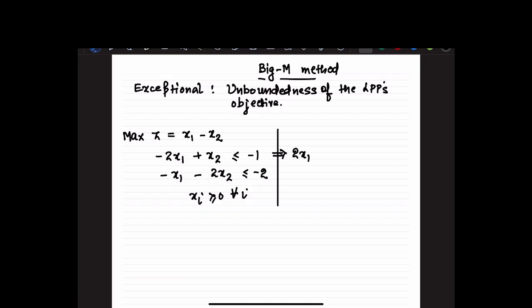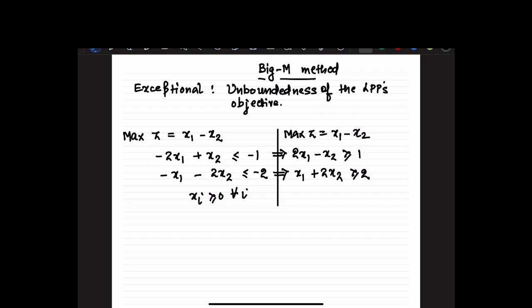So this is 2x1 minus x2 is greater than or equal to 1. This is x1 plus 2x2 greater than or equal to 2. Objective is max Z equals x1 minus x2. Now how to convert?